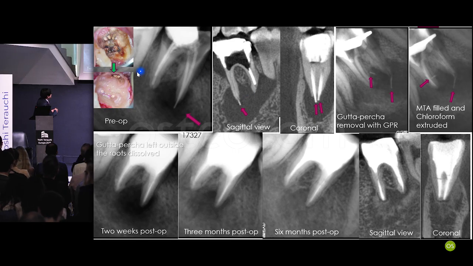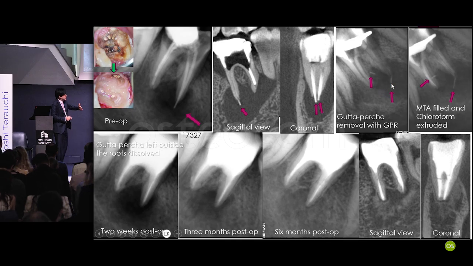You see a big lesion. And again, gutta percha fillings already extruded into the periapical tissue. However, I separated the gutta percha fillings from the main canal. And you see the gutta percha cone was not in the apical direction of the main canal.